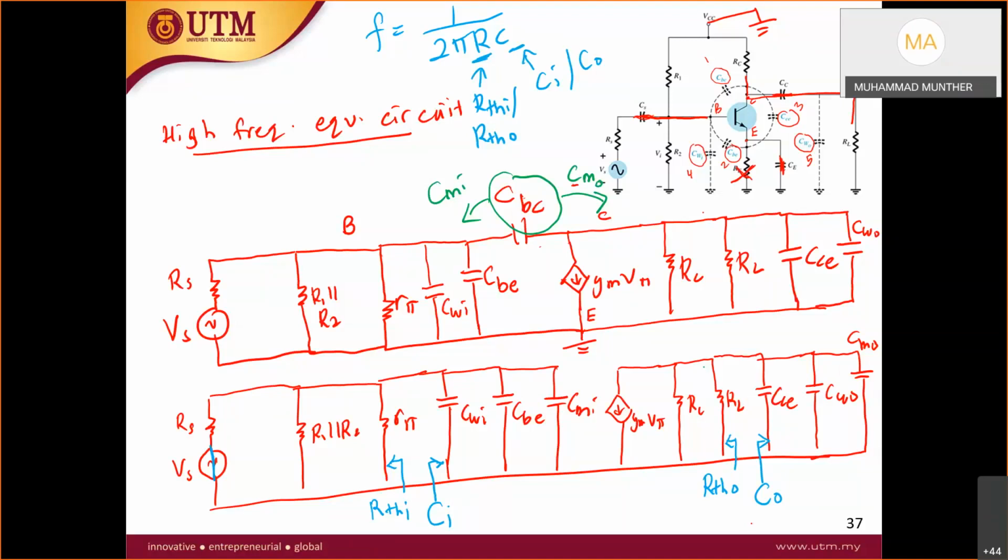Doctor, I don't understand why the capacitance can be split into two. That is on the theory. This is an amplifier, the BJT amplifier circuit that you have done here.